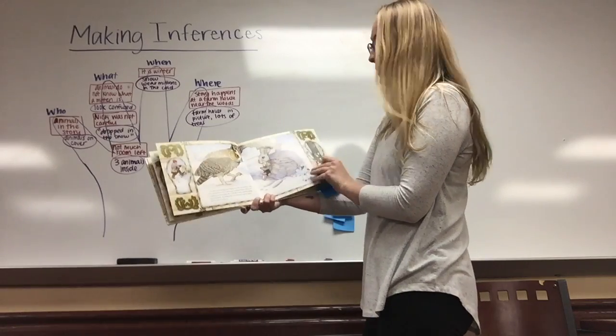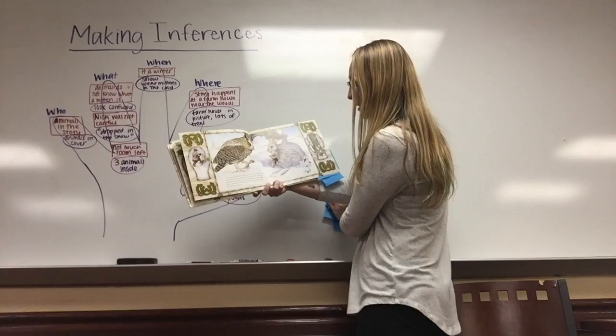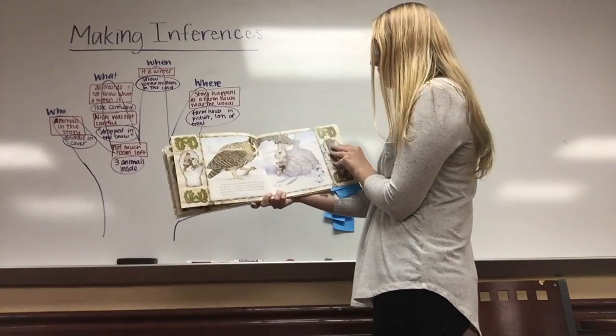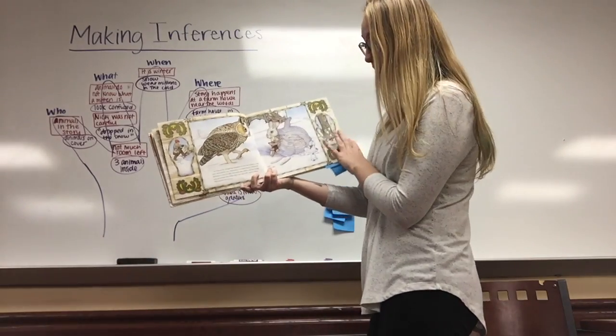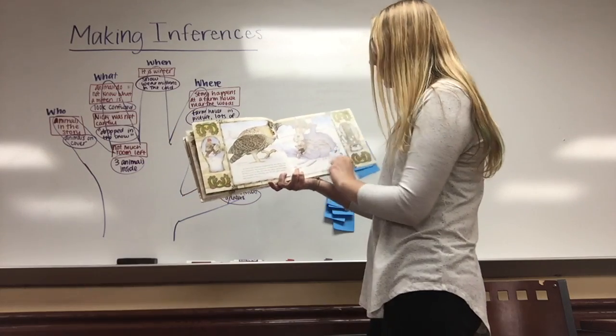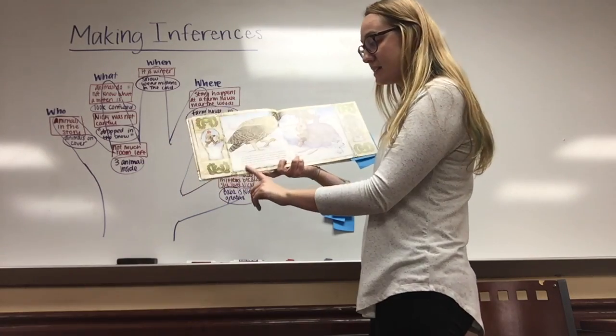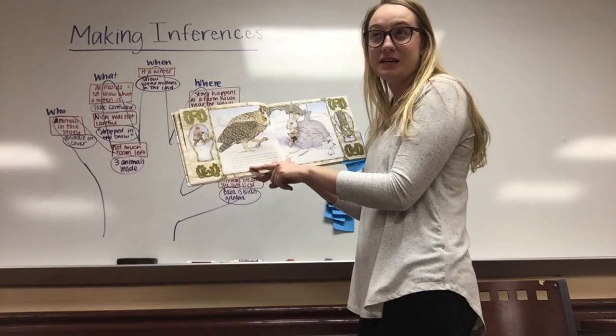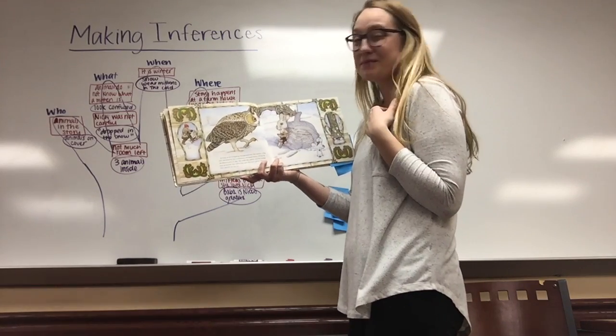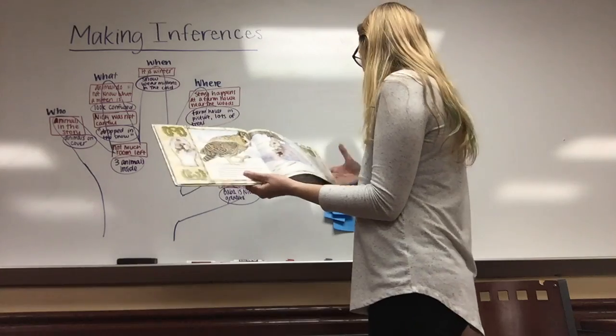I'm going to infer that the mole, the rabbit, and the hedgehog do not want our owl friend to move into the mitten. And I'm going to say that because our text tells us that they grumbled. And I know that when I grumble, I'm not very happy about something.